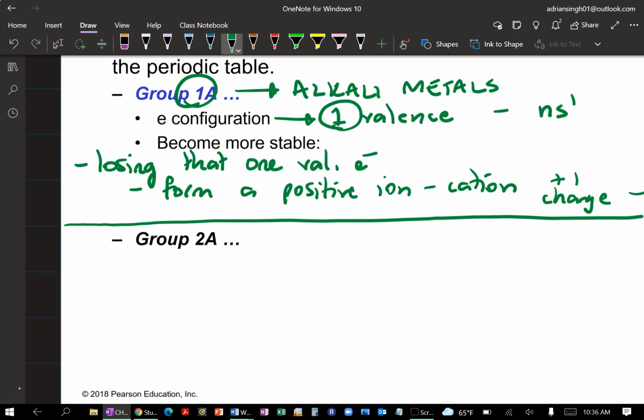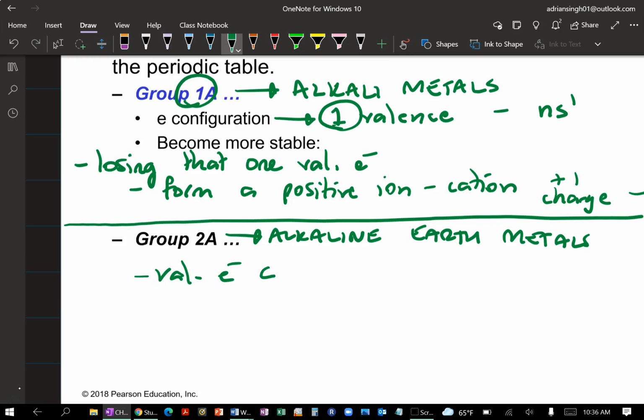The group 2A elements, these are collectively known as the alkaline earth metals. Their valence electron configuration ends in ns2, where n is the principal energy level, so they have 2 valence electrons.